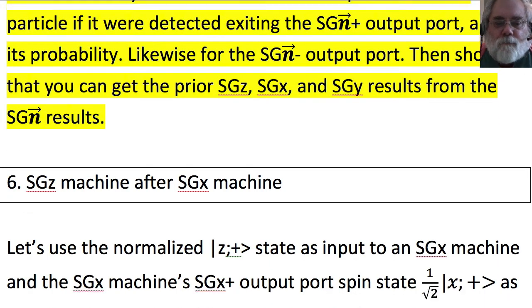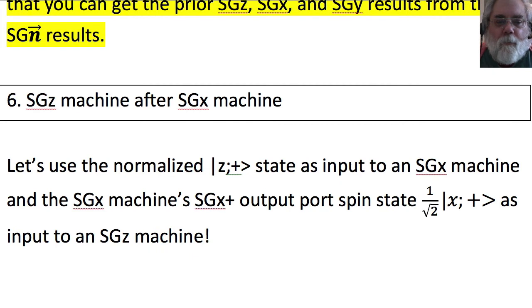Experiment 6. Let's use the normalized z plus state as input to an SGX machine, and then we'll follow that. We'll take the result of the SGX plus output port, which is going to be spin state 1 over square root of 2 x plus. We already calculated that. We're going to feed that as input to an SGZ machine, and we're going to see what its two outputs are.